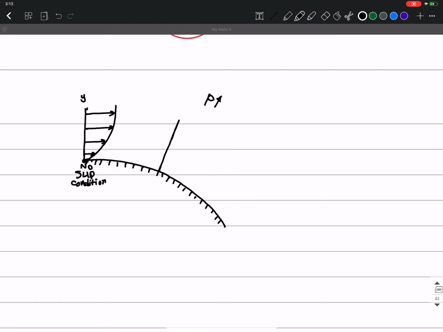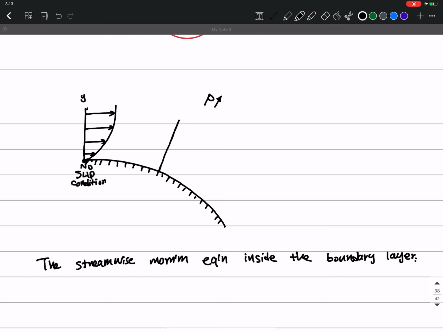So if I want to write the streamwise momentum equation inside the boundary layer, and by the boundary layer I mean up to where we get to the u infinity here, okay?